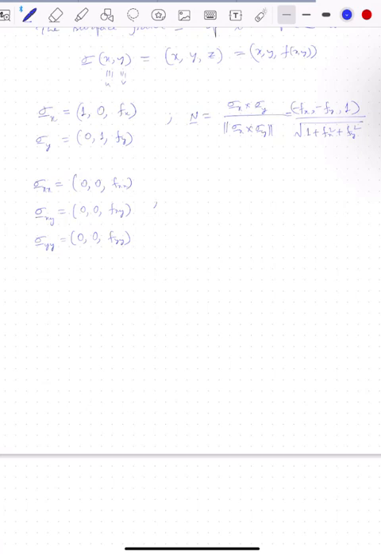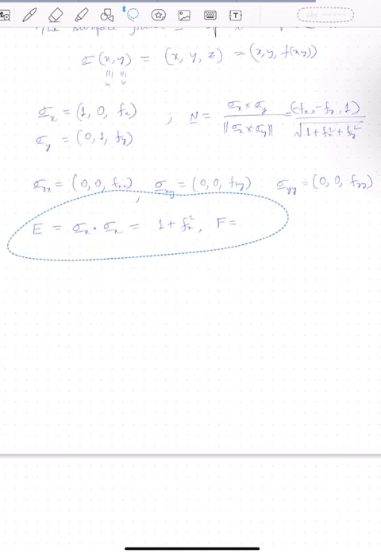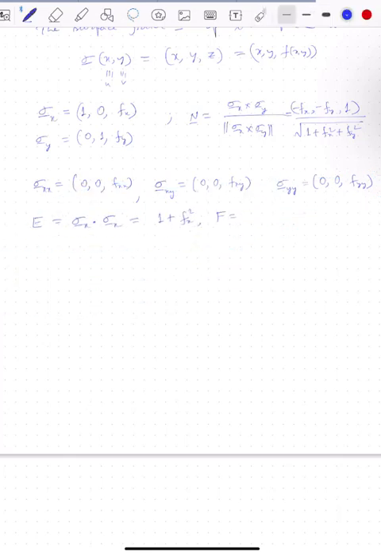So the coefficients for the first fundamental form: E is equal to sigma x dot sigma x, which is just 1 squared plus fx squared, right? And for F, let me make some space here so that we can compute all the terms.